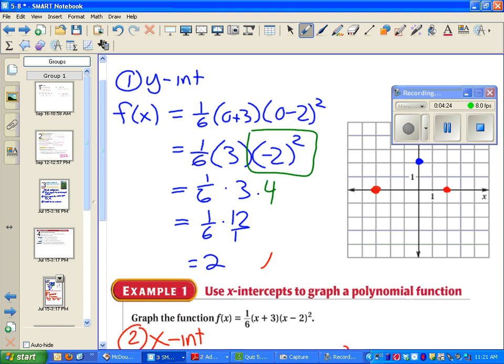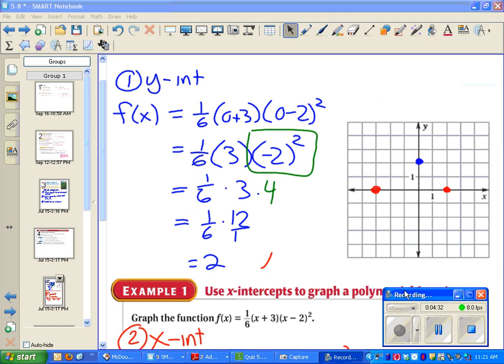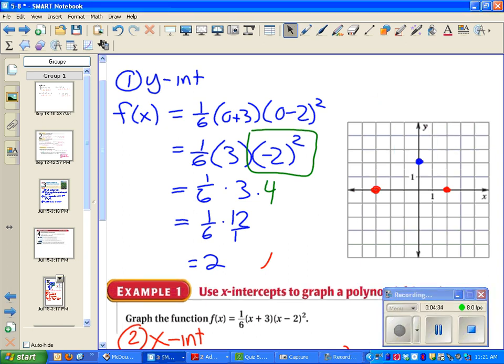Then I'm going to sketch the end behavior. It's kind of hard to tell, but we basically have 2 x's here and an x right here, which means the degree for our end behavior is odd. If we multiply this out, we'd have 1/6 times x times x times x. So our leading coefficient is positive, because that would be the 1/6 part.